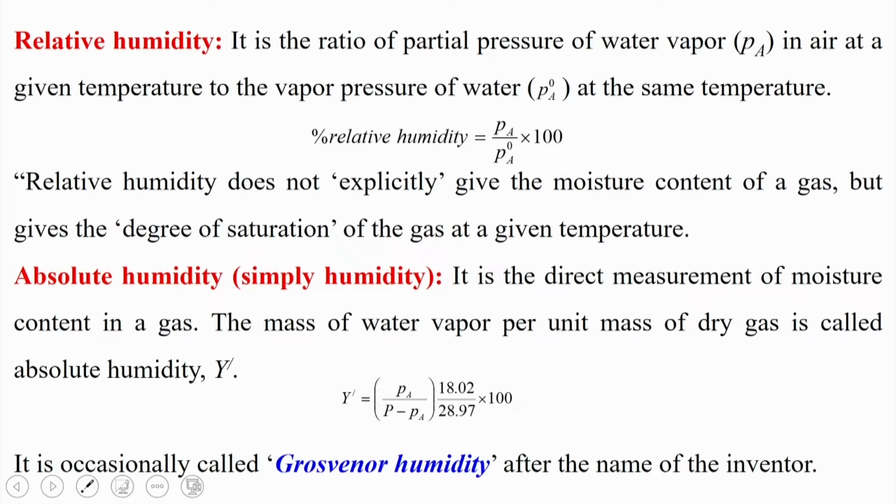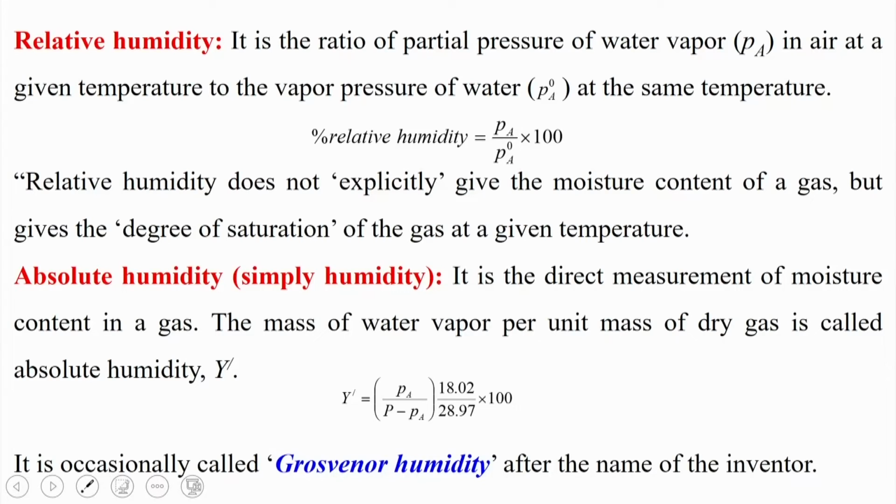Then we need to understand the relative humidity. It is the ratio of the partial pressure of water vapor in air at a given temperature to the vapor pressure of the water at the same temperature. So, we can say percentage relative humidity is equal to Pa by Pa naught into 100, but we need to remember that relative humidity is not explicitly the content of the water vapor in a gas, but it gives the degree of saturation.